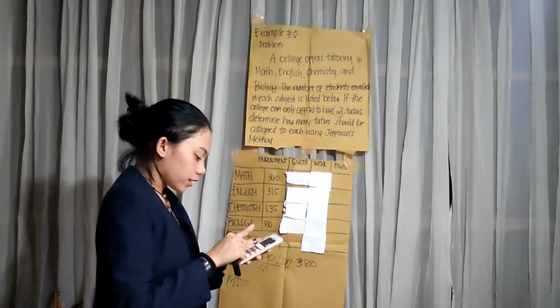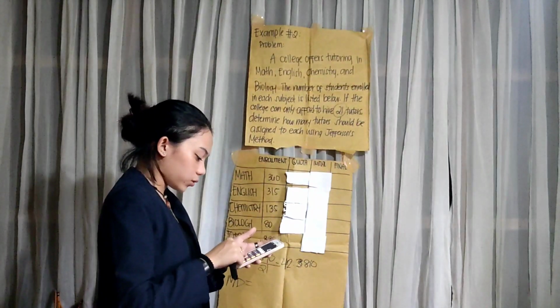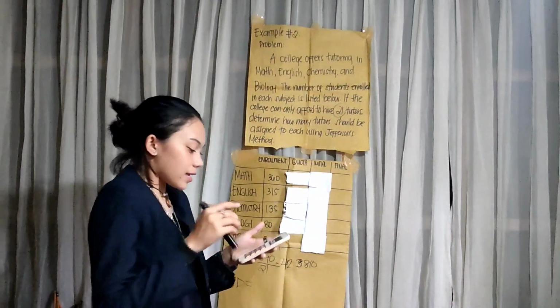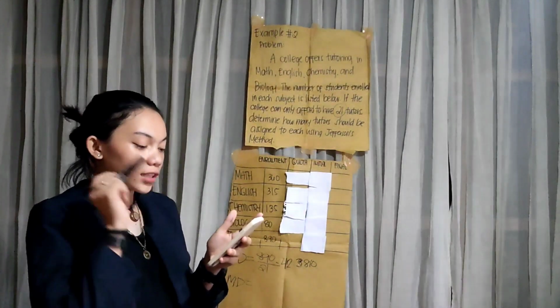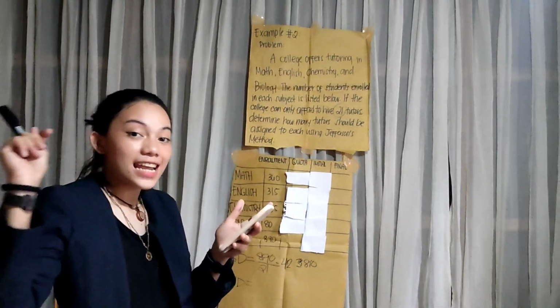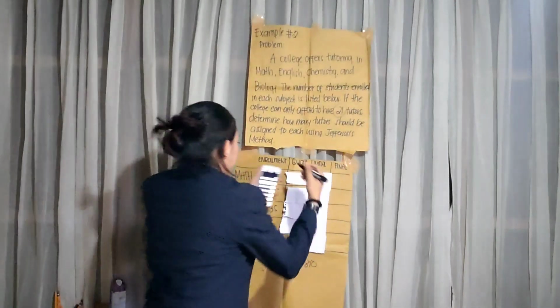So 360 divided by 42.3810 is equal to 3.494. Put it here.